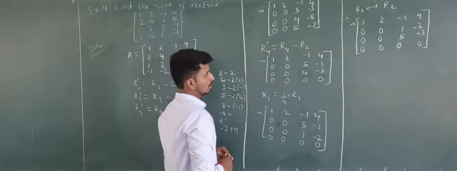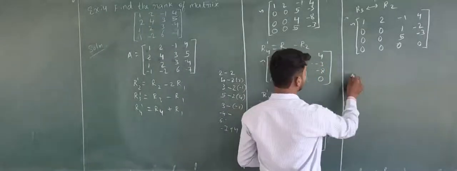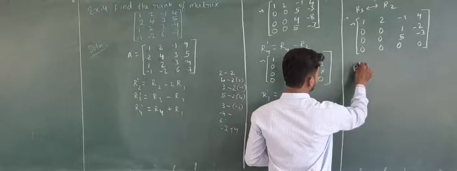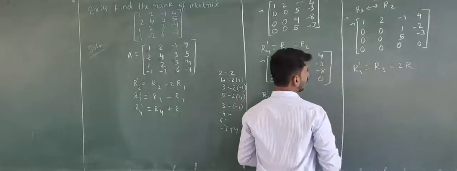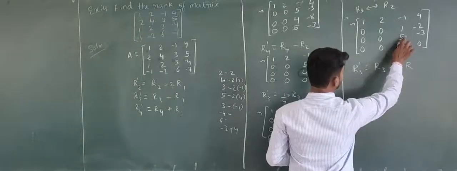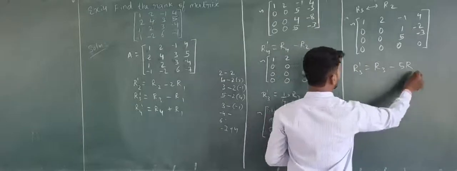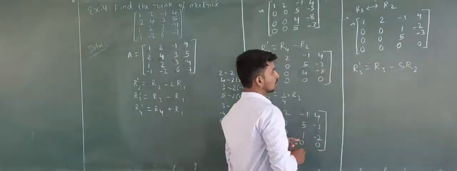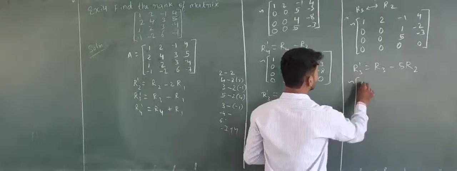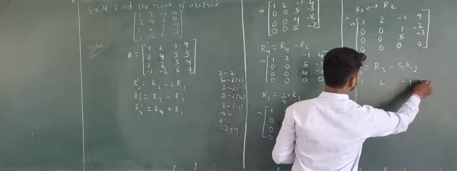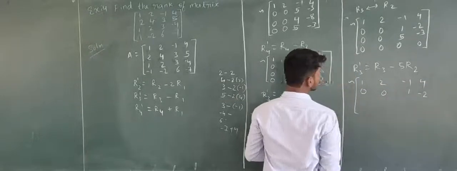So now we will make this term 0. We change R3 dash equal to R3 minus 5R2, because to make this 0 we have to multiply R2 by 5. So your matrix will be 1, 2, minus 1, 4; 0, 0, 1, minus 2.